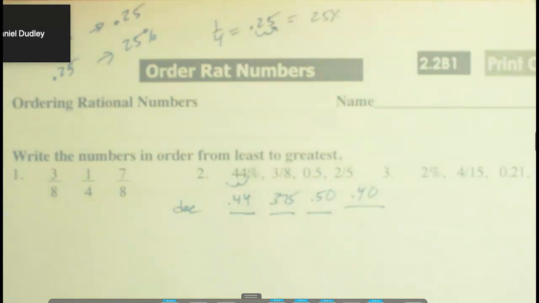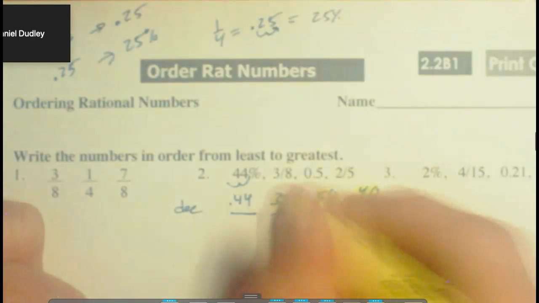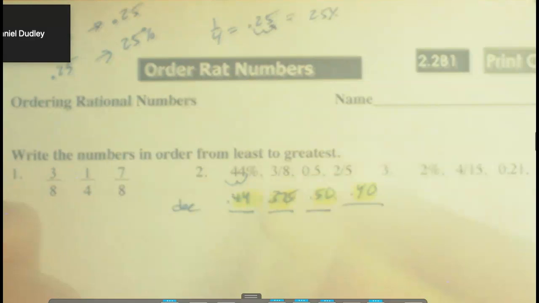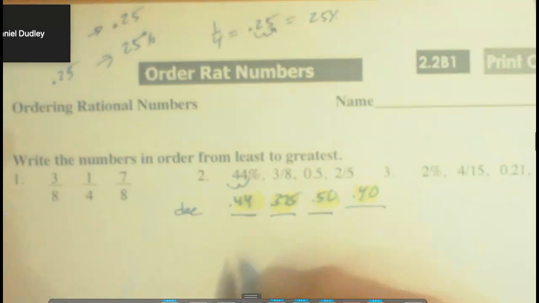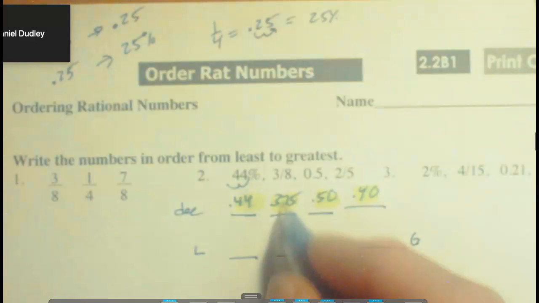Now I want you to think about this in terms of money. We've got 40 cents, 50 cents, 37 cents, and 44 cents. We're going from least to greatest, so I'm going to do this again. 1, 2, 3, 4. This will be the least, and this will be the greatest. All right, so the smallest one of these would be 37 cents, which is 3/8.